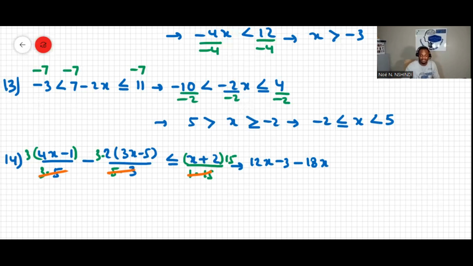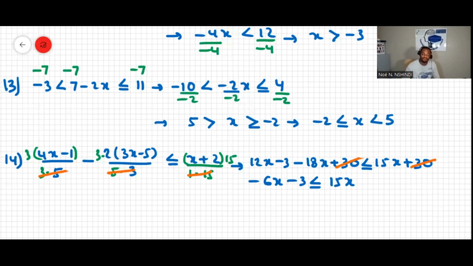Negative 6 times negative 5 makes positive 30, less than or equal to 15x, and then plus 30 also. Now we have plus 30 there and plus 30 there. We can cancel this out. 12x minus 18x makes negative 6x minus 3, less than or equal to 15x.